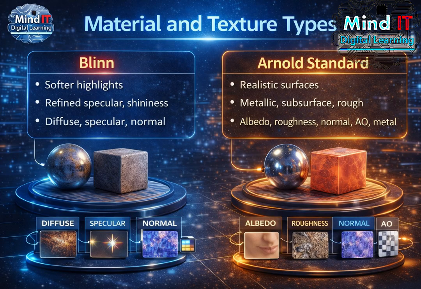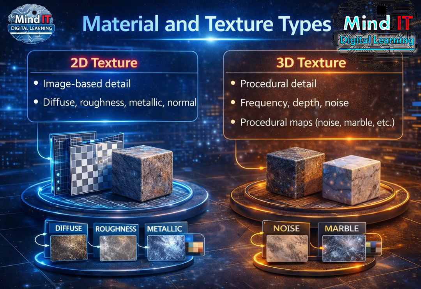Albedo, roughness, normal, metal. 2D texture: image-based detail. Diffuse, roughness, metallic, normal. 3D texture: procedural detail. Frequency, depth, noise. Procedural maps such as noise, marble.